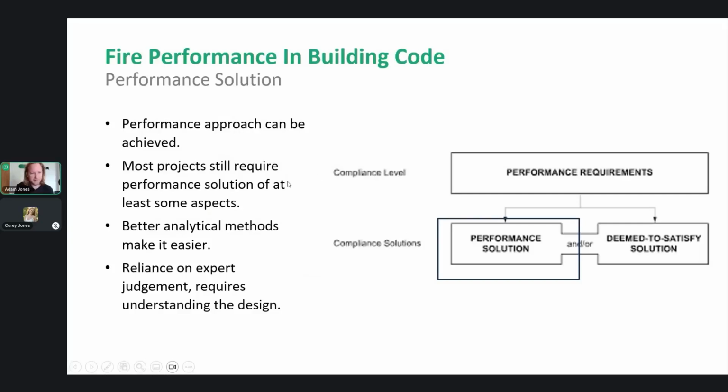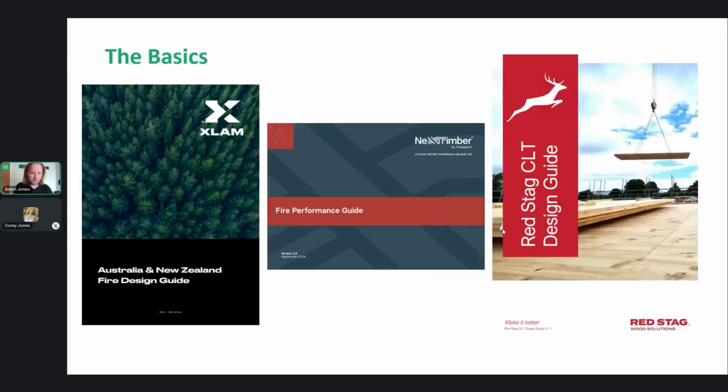So the most important thing is to have better analytical methods and to make them available and easier for engineers to use. And the other point is, every time you go to a performance solution, you are relying on expert judgment. So an expert needs to become an expert one way or another to know what they're doing, because they're taking on the judgment at the end of the day, and they're being the chef coming in to cook a meal instead of taking a cookbook approach.